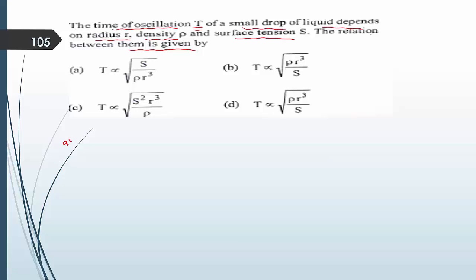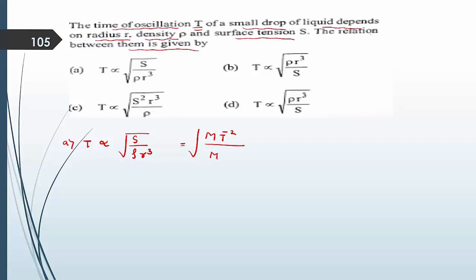First option is T is proportional to root of S divided by rho R cube. Here, S indicates surface tension. It is having dimension M T raised to minus 2, divided by rho, which indicates density.